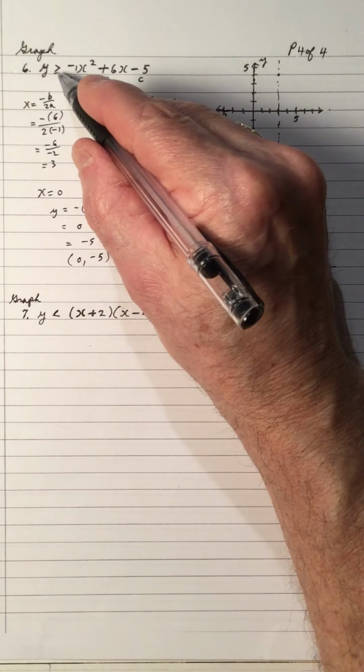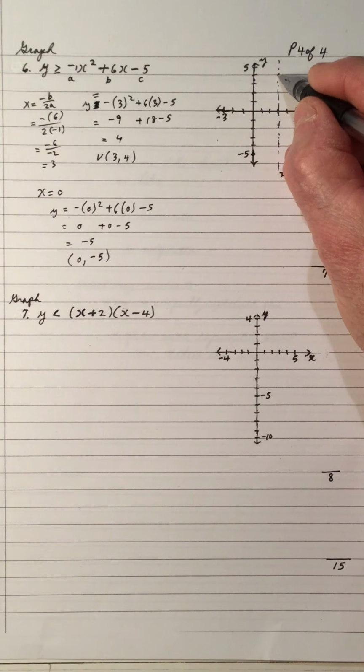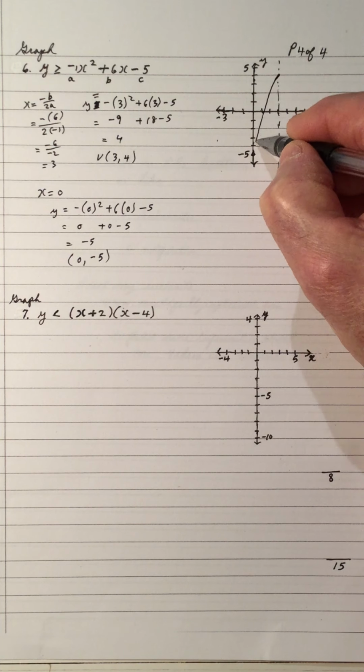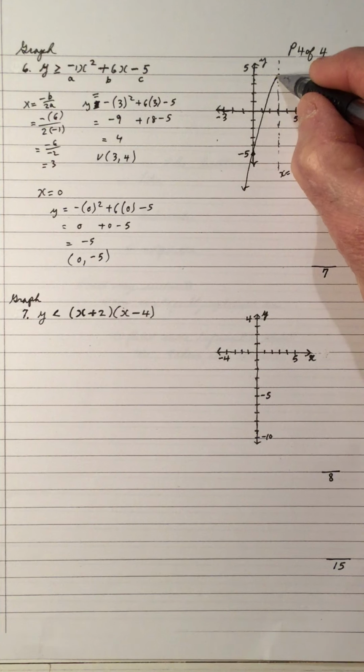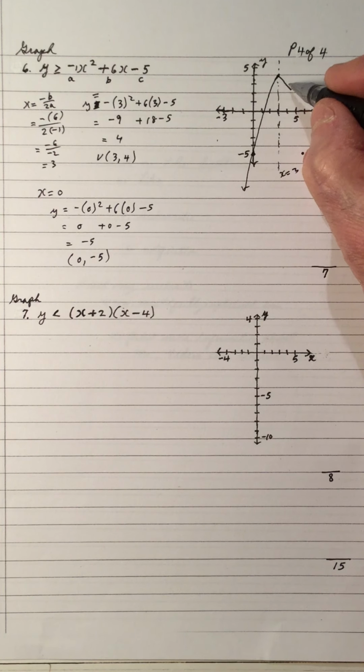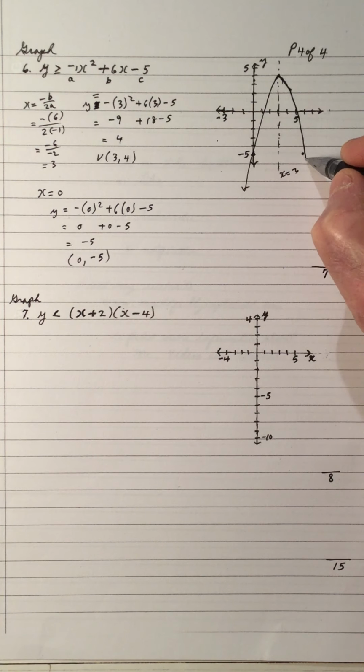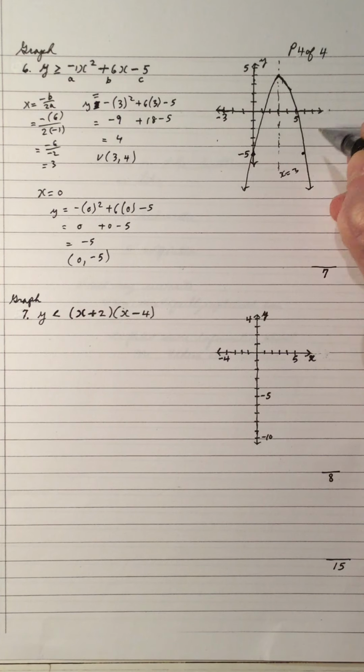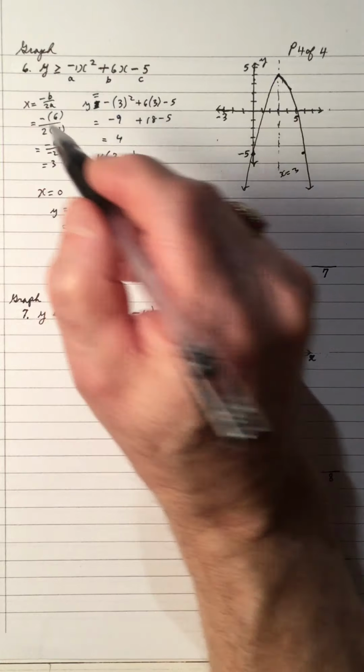So this parabola is greater than or equal to. So greater than or equal to means the boundary line is solid. The boundary line is solid, meaning that it's included. There it is. And y is greater.